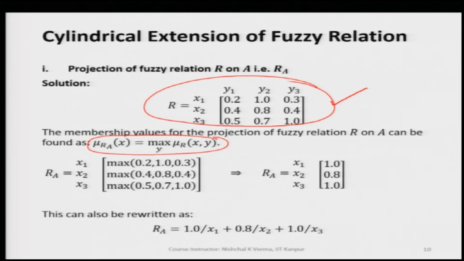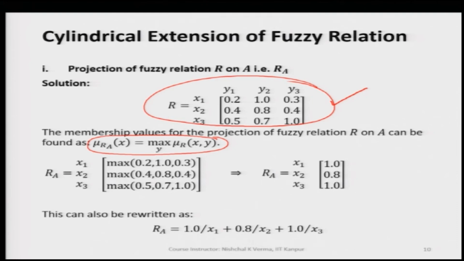So, you see that we take the maximum of all the membership values over the generic variable value which is going to be eliminated. Here, since we are taking the projection of R on A, it means A is defined with the generic variable x, so we are eliminating the y generic variable. For the corresponding generic variable value, we take the max.